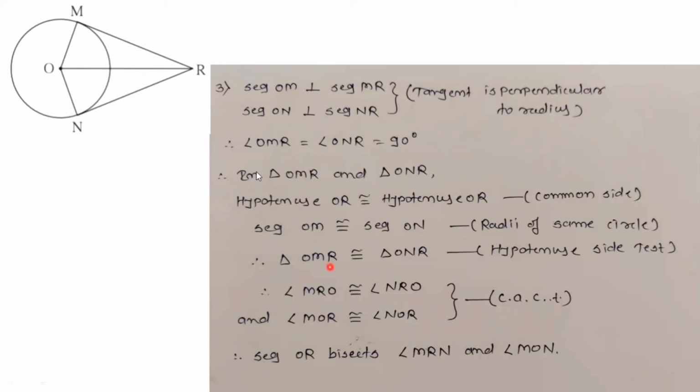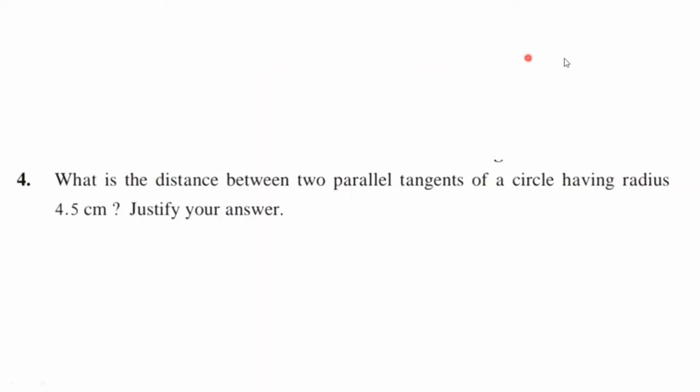And as these two pairs of angles are congruent, segment OR must be the bisector of these two angles. That is, segment OR bisects angle MRN and angle MON.